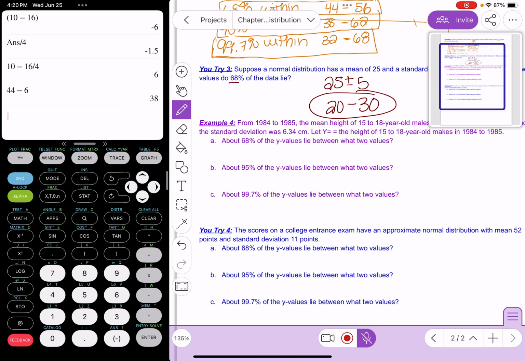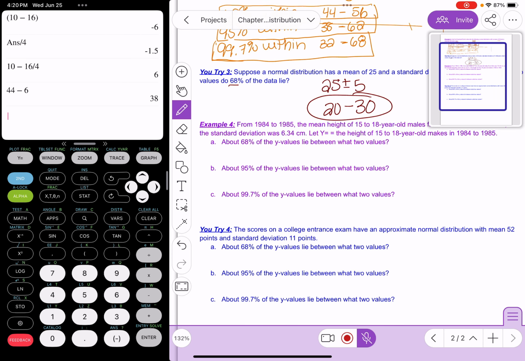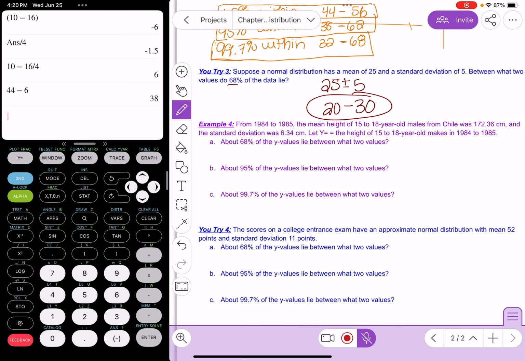All right, let's look at example 4. From 1984 to 1985, the mean height of 15 to 18-year-old males from Chile was 172.36 centimeters, and the standard deviation was 6.34 centimeters. Let Y be the height of 15 to 18-year-old males in 1984 to 1985.